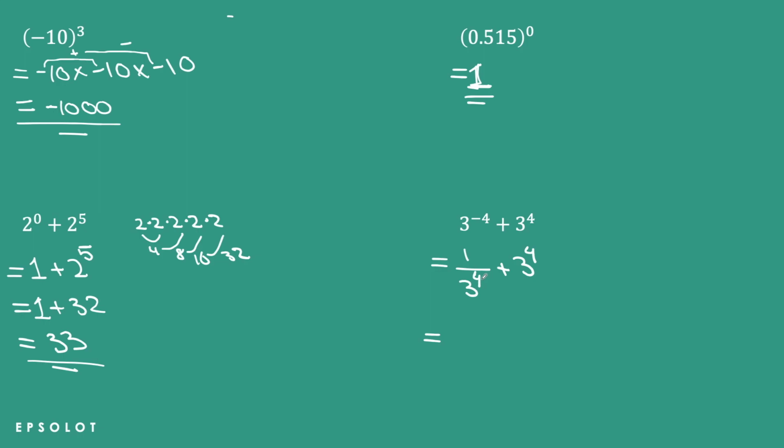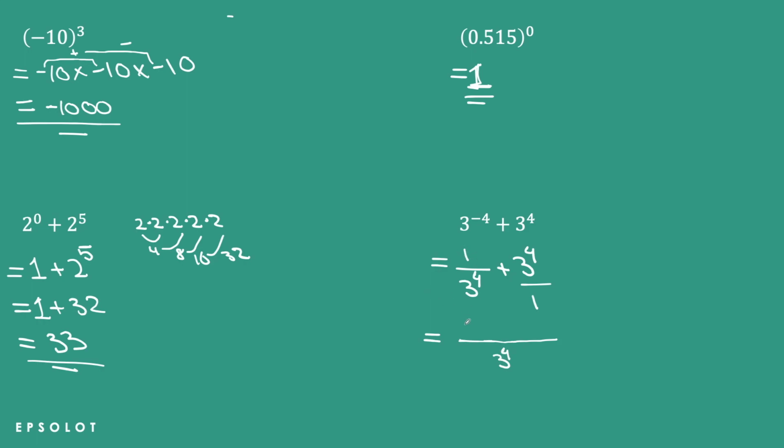Of course, we can also simplify this using a calculator, but if you want to simplify it without a calculator and write it as one fraction, then you make a line and write 3 to the power of 4 over 3 to the power of 4, because you know that this is equal to 1. So if I multiply them together, I get the common denominator, which is 3 to the power of 4.